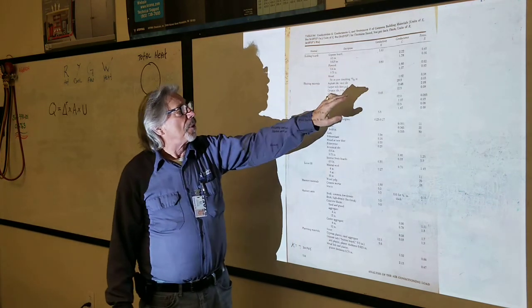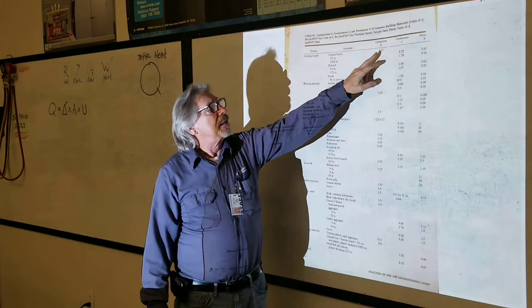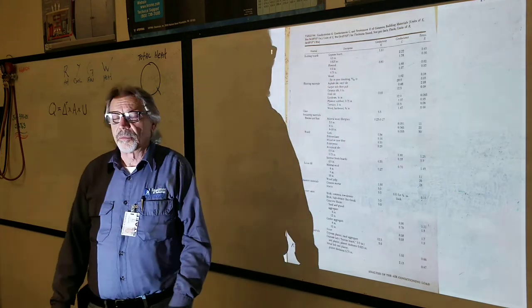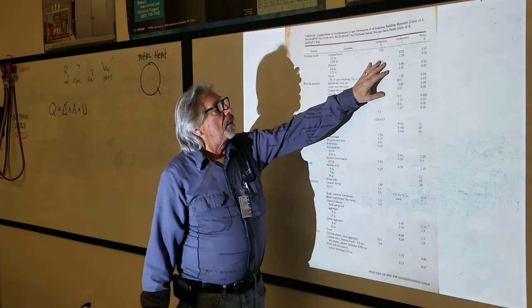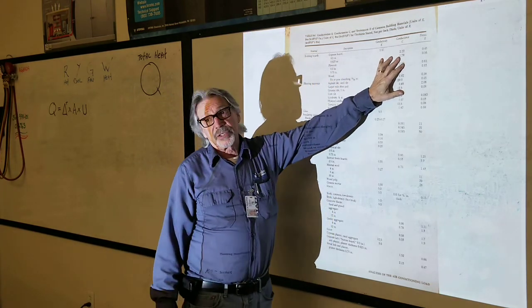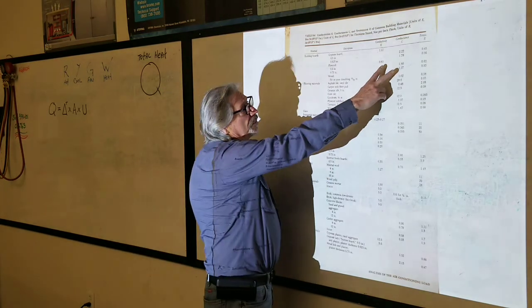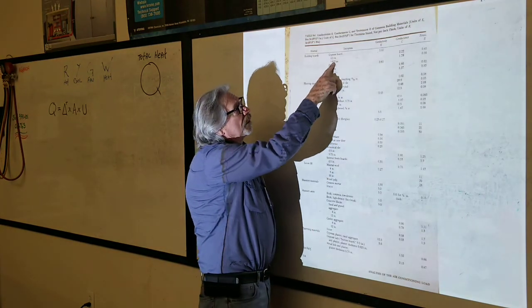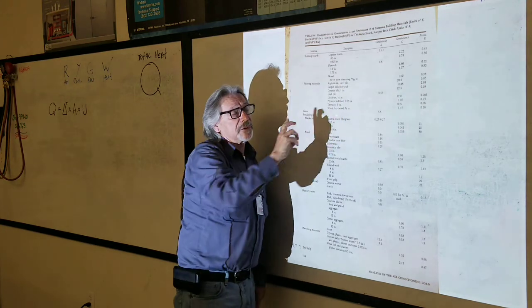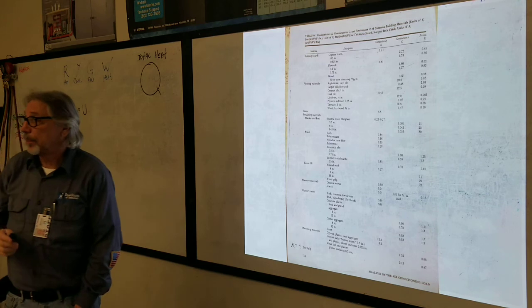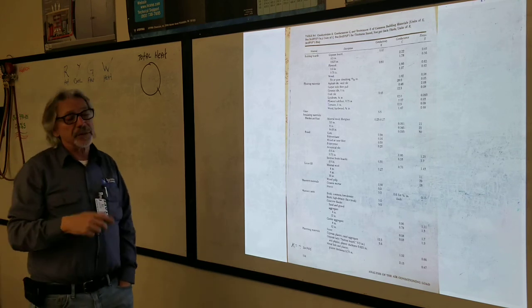Now the gypsum board has what they call a K factor, or conductivity rating. It also has a conductance rating. So the conductivity and the conductance are two different things. If we look at gypsum, it gives you two thicknesses of the common sizes it comes in, either 5/8 or 1/2 inch.